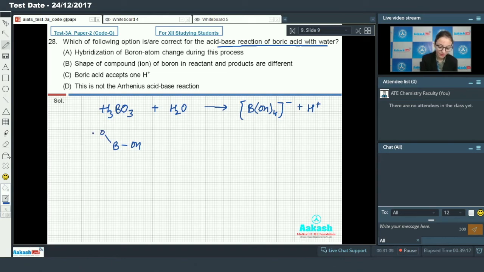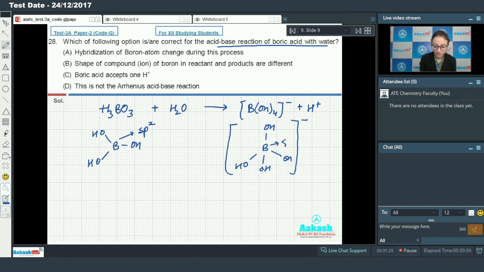In boric acid the hybridization of boron is sp2, and in product the hybridization is sp3. So hybridization changes, so this statement is correct. Second, shape of compound or ion of boron in reactant and product are different. As we can see that the shape of compound in reactant is triangular planar and in product the shape is tetrahedral.